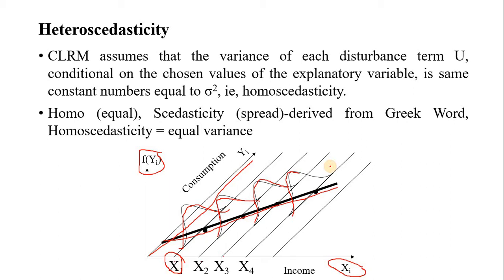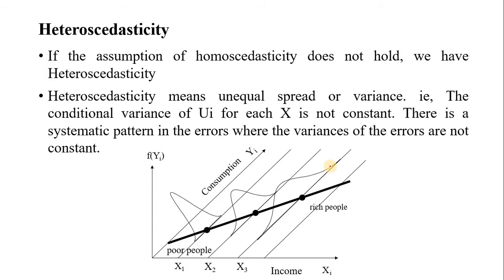If you look at the spread of these curves, all the spreads are the same. The spread of x1, x2, x3 and x4 are the same. So this is the situation of equal spread. These error curves look the same, which means the variances of these error terms are equal.